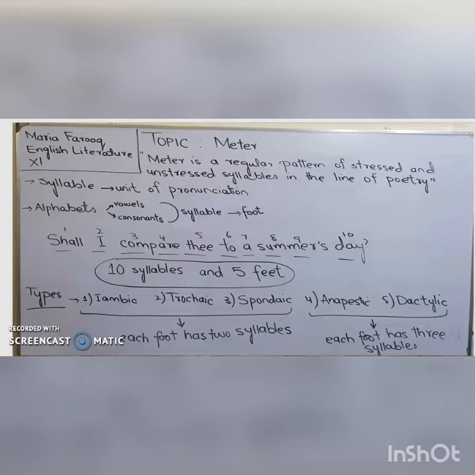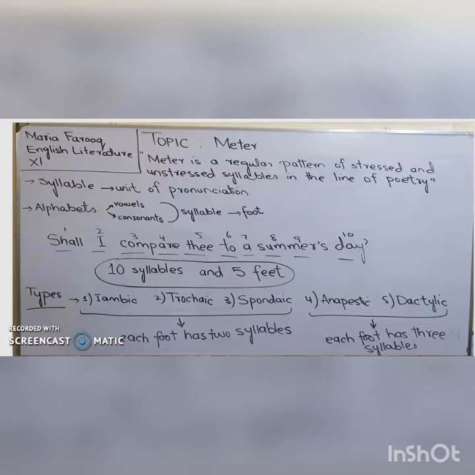For example, I say impossible. Now there are 4 syllables. Whenever you pronounce a word, just like I am pronouncing impossible, usually we say impossible. But on a deeper level, when we say impossible, there are 4 syllables.